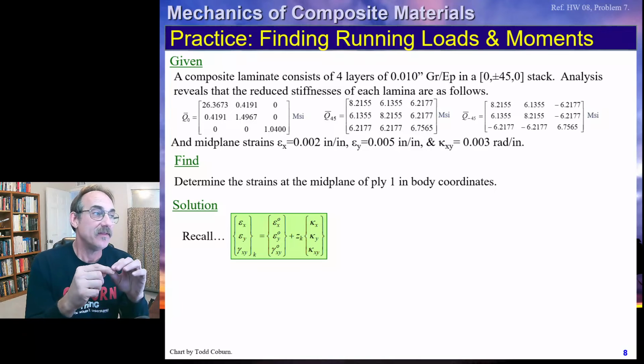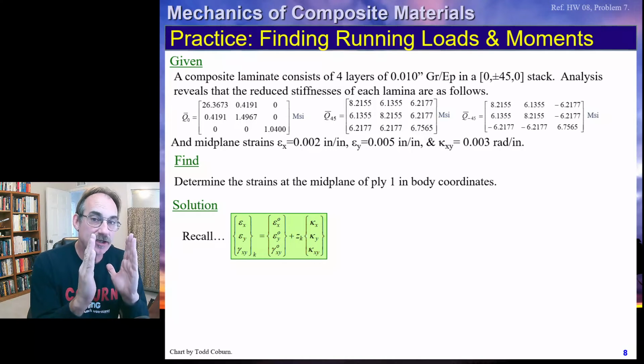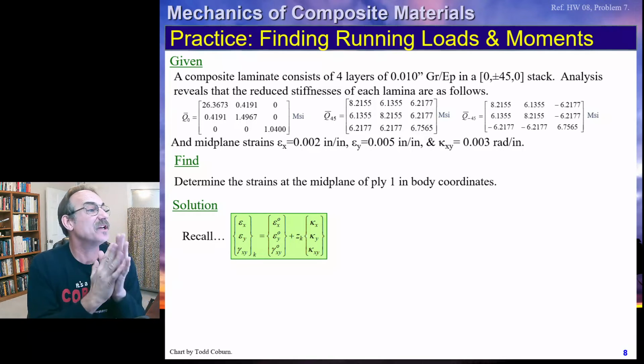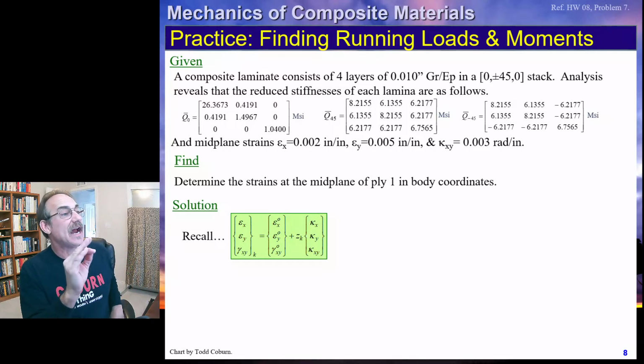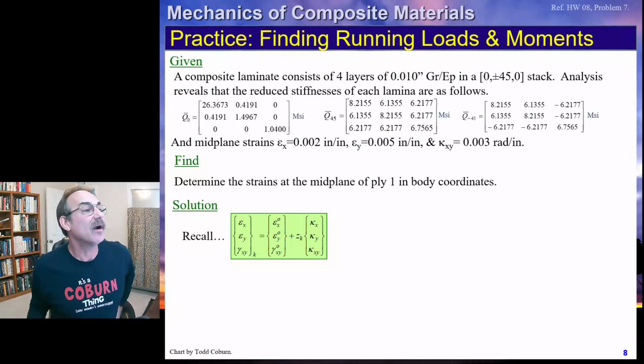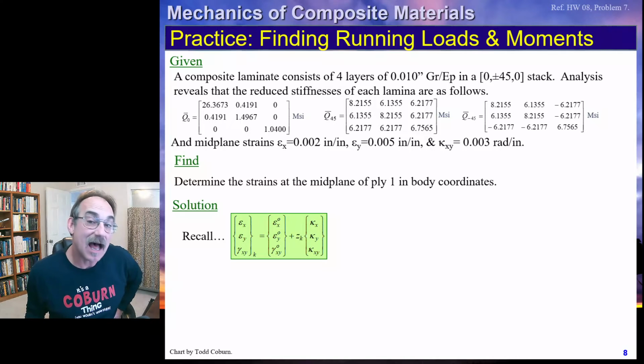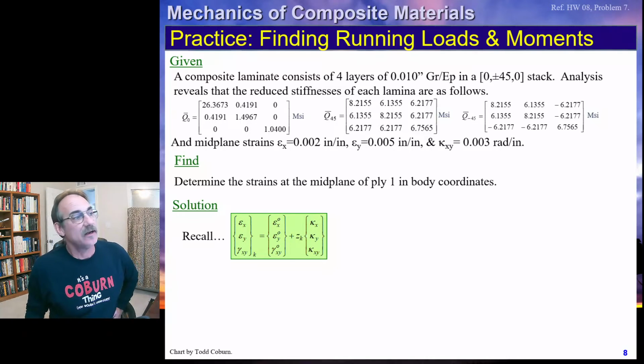We just take the midplane strains plus the Z position of our lamina times the curvatures. And this should actually be the Z bar. This says Z, it should be Z bar. We're going to take the midplane strains plus the midplane dimension of our lamina. Now, if we wanted our strain at the top of the first lamina, we could use the Z minus 1 of that.